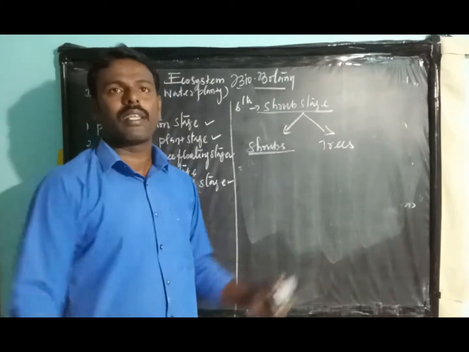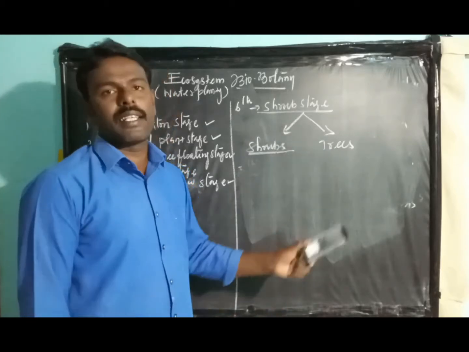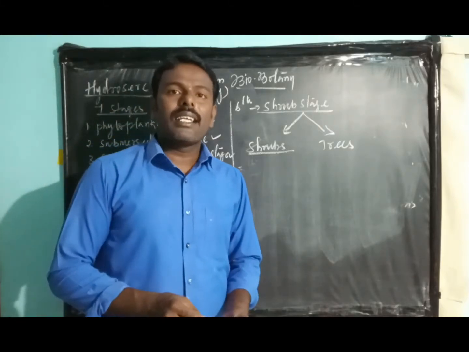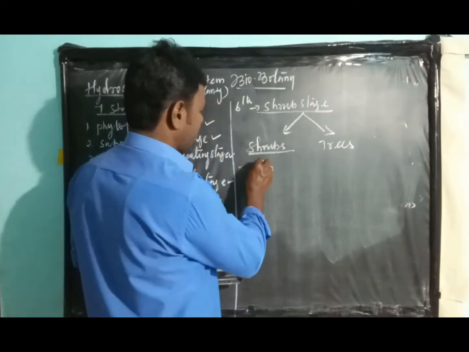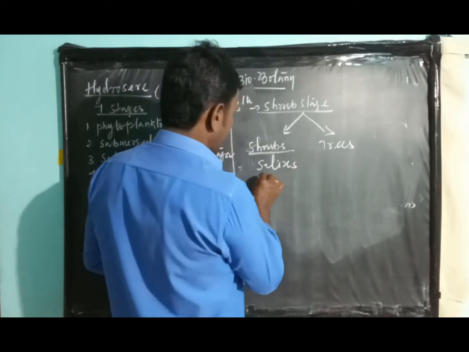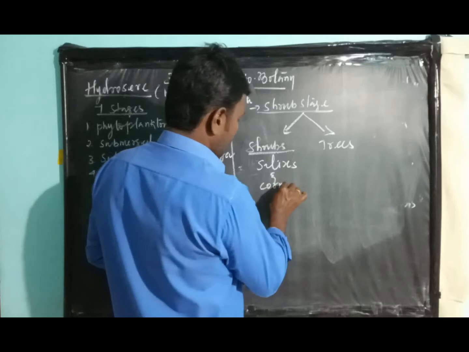They finally appear in big size, that is the trees. Examples of shrubs are Salix and Cornus.